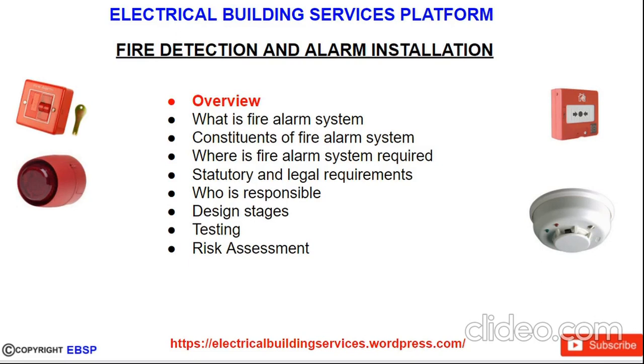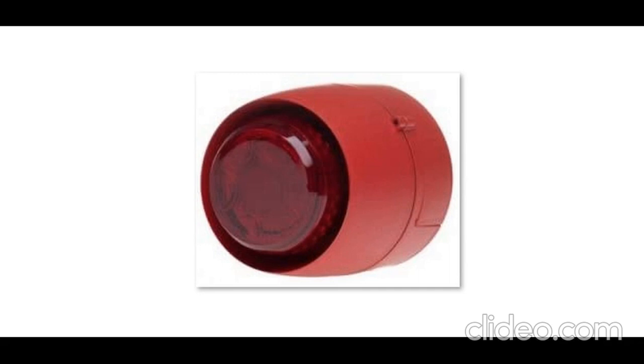The fixed temperature is set to a degree threshold, and once the temperature in the room gets to that threshold, then the alarm event is raised. That's what the fixed temperature heat detector does.